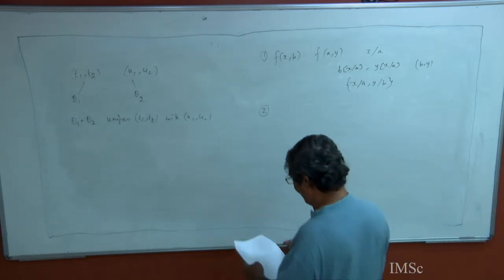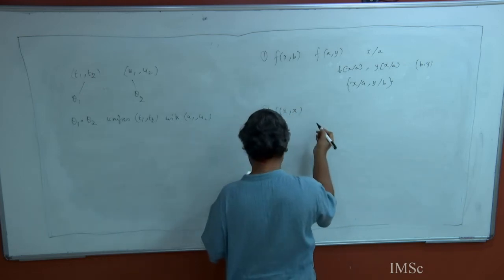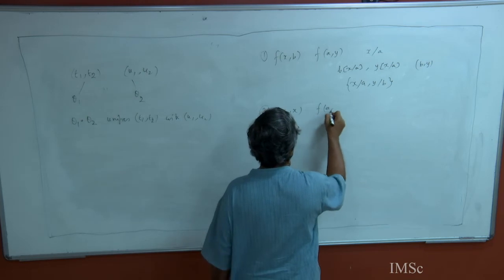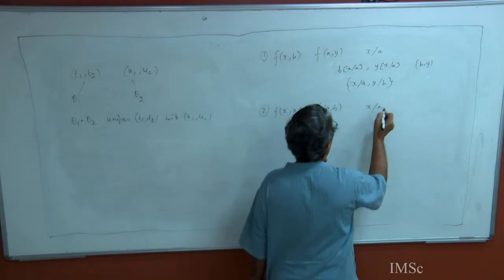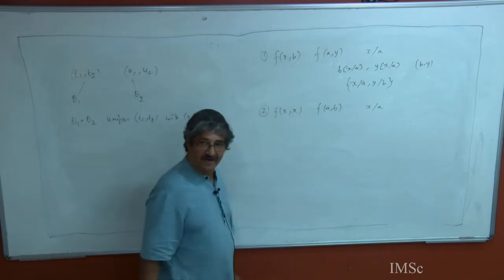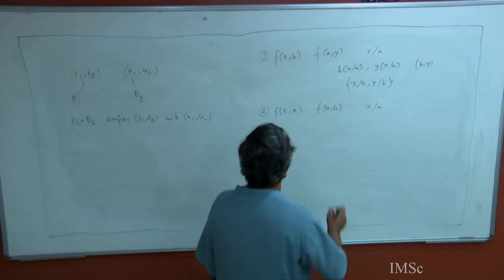In general. So what about this one? f of x, x and f of a, b. What will you get now? As the first step, x and a are unified, you get the substitution. Now you have to apply that.